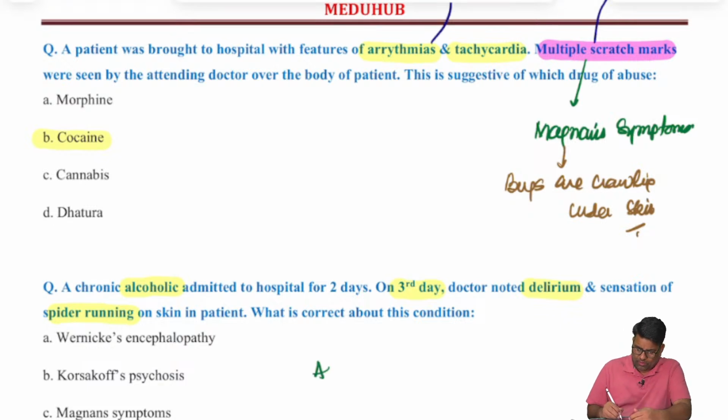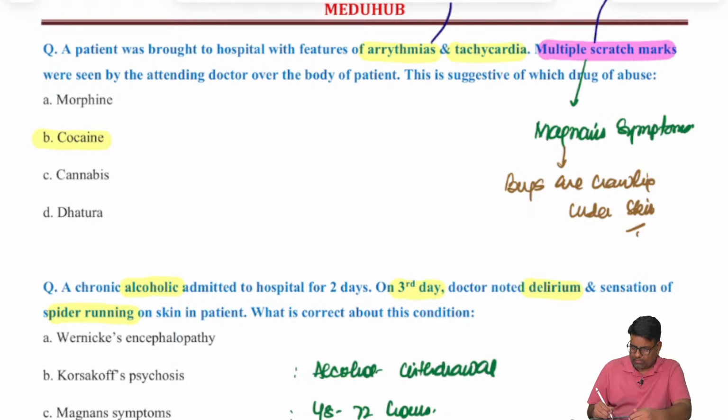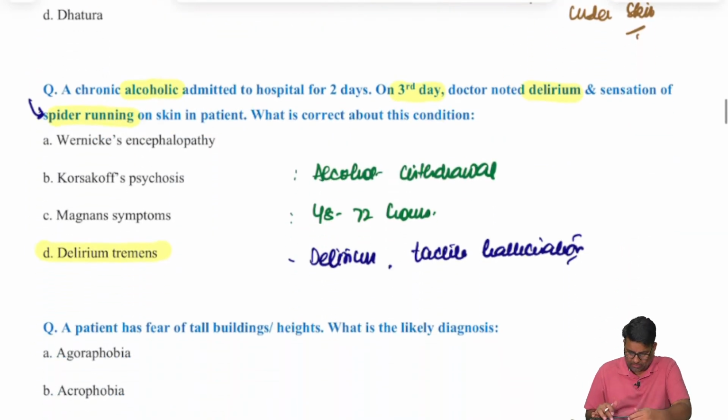So alcohol withdrawal, time duration is very important, 48 to 72 hours. And then in this case, he is having delirium, tactile hallucination. This is tactile hallucination here. So all favoring the diagnosis of delirium tremens.